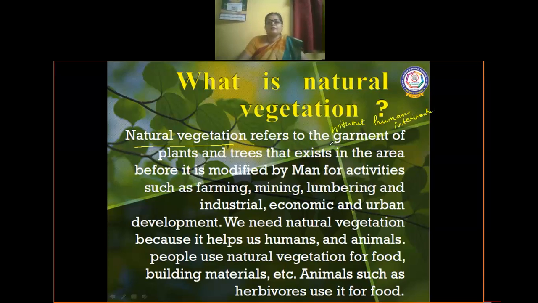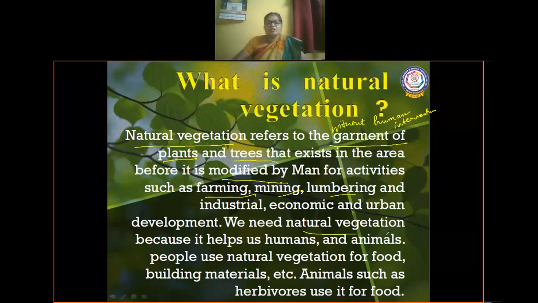So it's referred to as a garment. Garment means cloth. So it's like a cloth made out of plants and trees on this earth in a particular area, and before modification done by man through his activities such as farming, mining, lumbering, etc., for development.